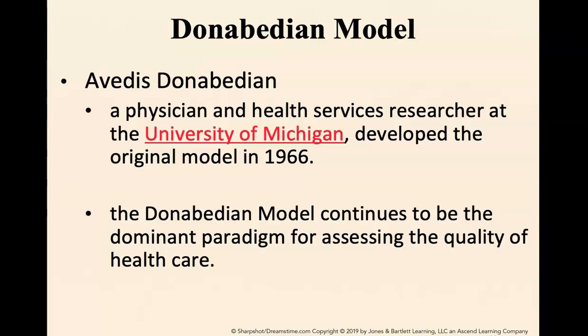He developed this in 1966. No matter how long ago he actually put this together, the Donabedian model is still the dominant paradigm in how social scientists assess the quality of healthcare in the United States.